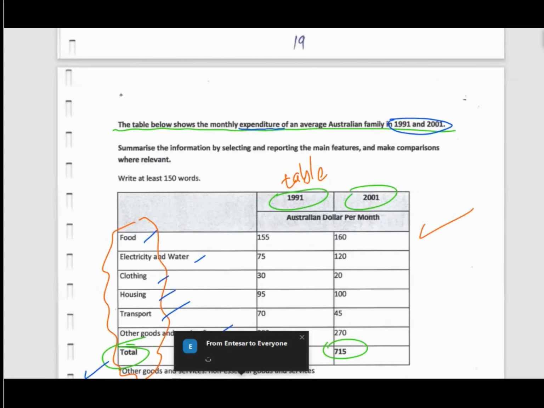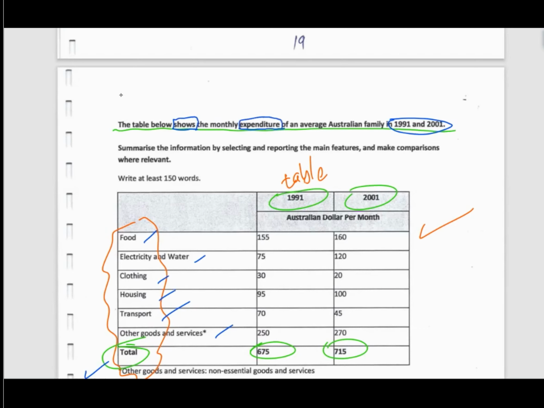Now let's choose, for example, 3 words from the question and replace them with synonyms: shows, expenditure, monthly.